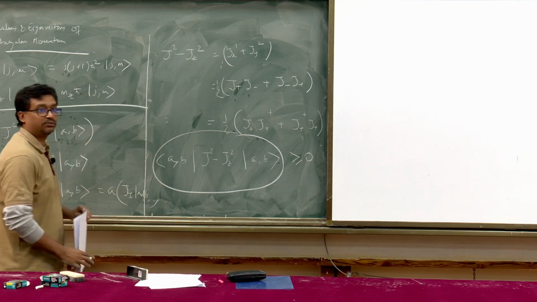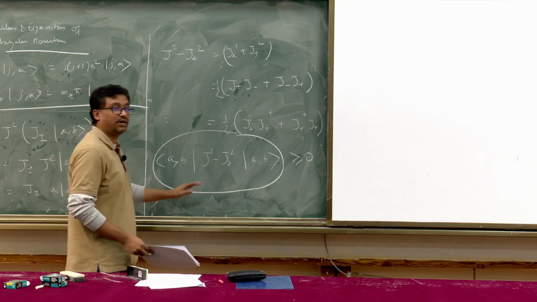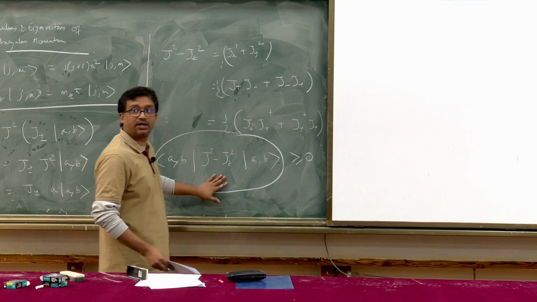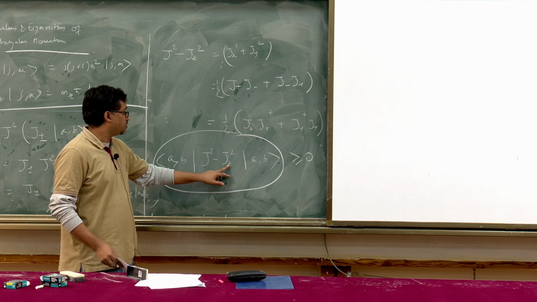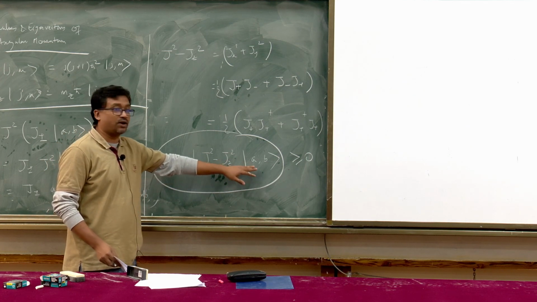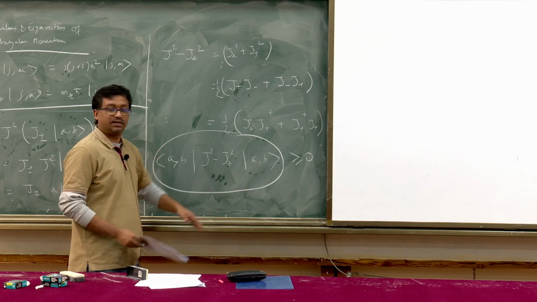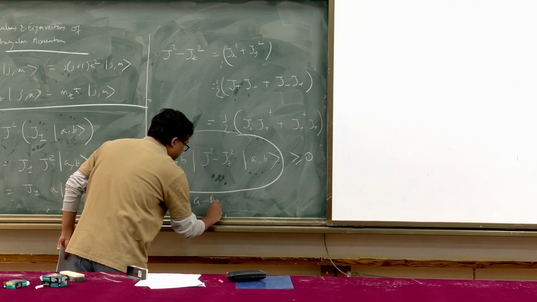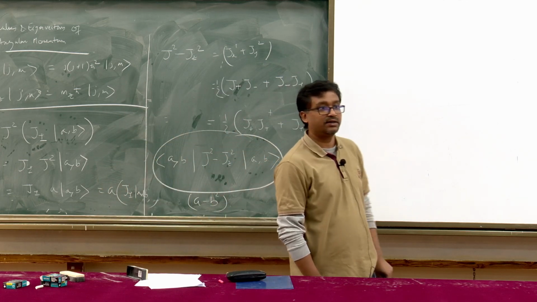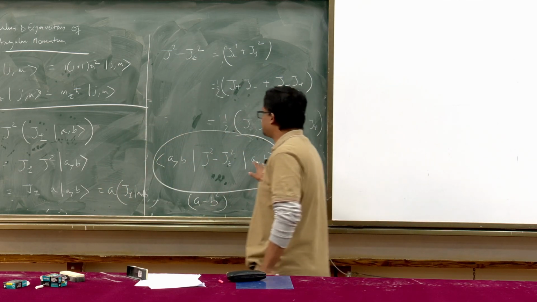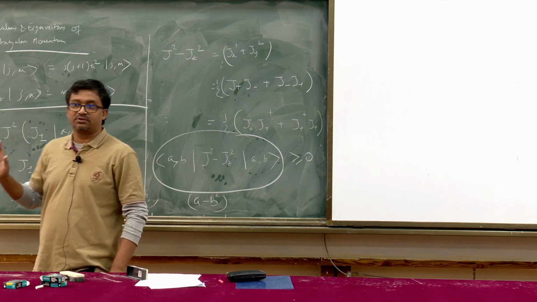Okay. Now, what is this expectation value? Can you figure out? We know j square operating on this, and jz square operating on this. So this is A minus B square. And then we assume that A and B are normalized, and so on and so forth.